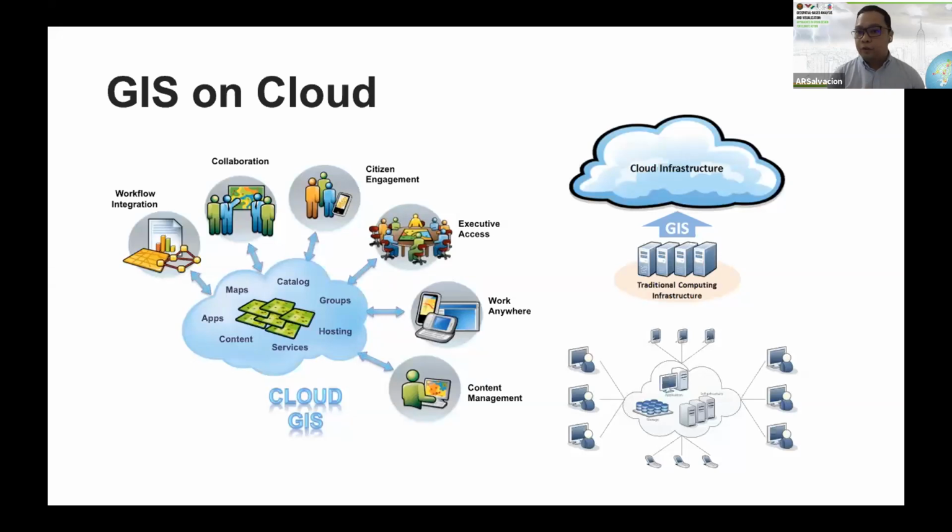And then there's also GIS on the cloud. It's like Facebook. You could just log in, and all your data and software are already there. These are more scalable, for example for more mobile companies.